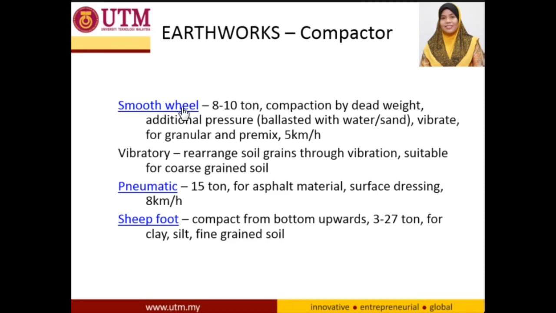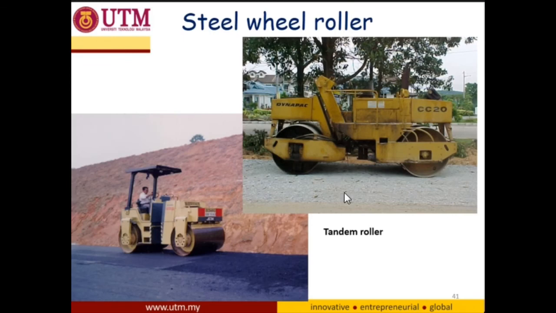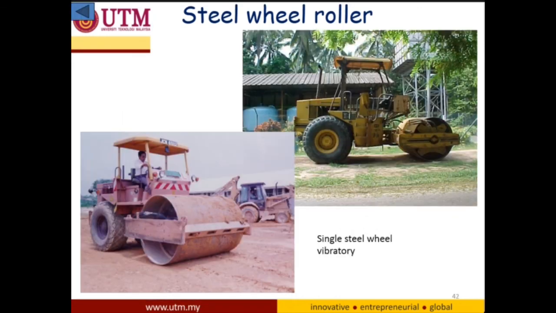Okay, this is the tandem roller. This one is used for granular material, and this one is used to compact asphalt material. And then the steel wheel roller with a single wheel, which is normally used to compact granular material or soil.